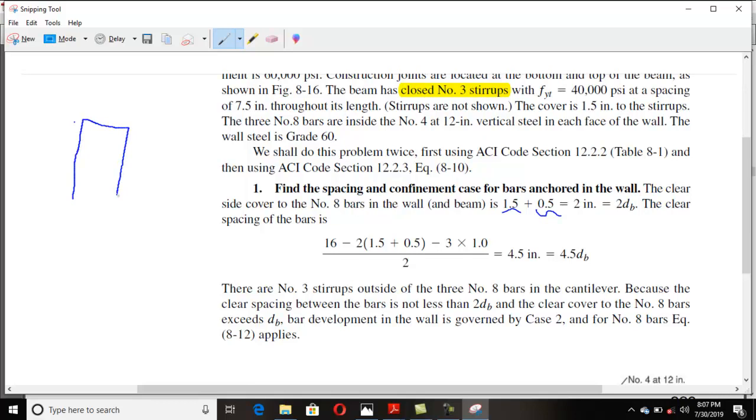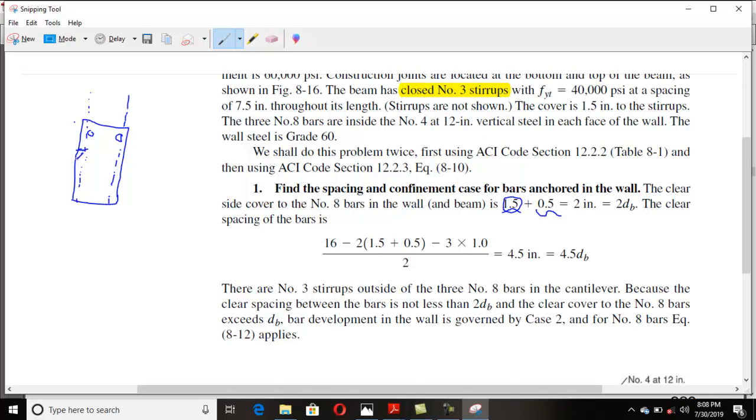Those dotted lines, on both sides of the beam, are the wall reinforcement provided to the beam, and the bars are placed just over here. So due to these bars, the 1.5 inch cover is up to the face of this bar.